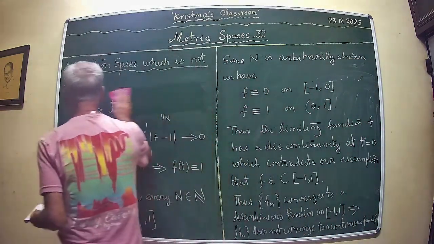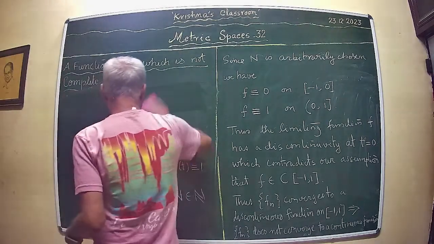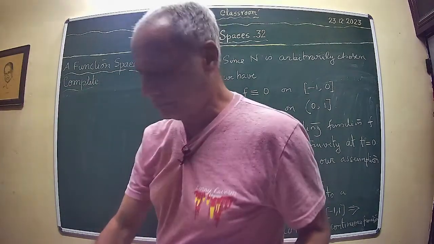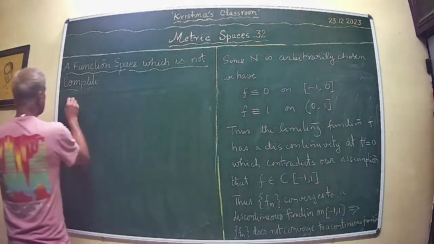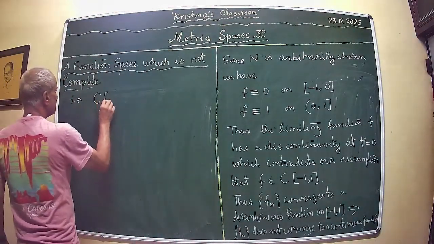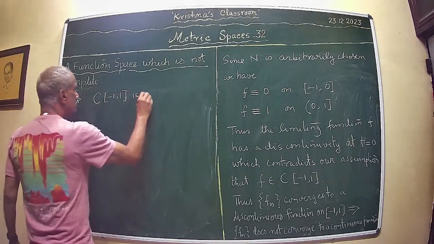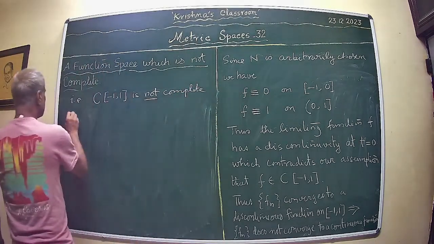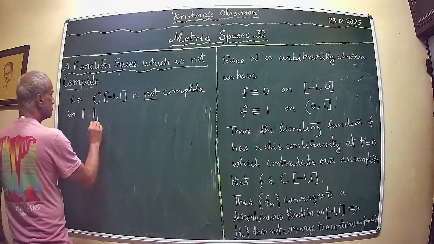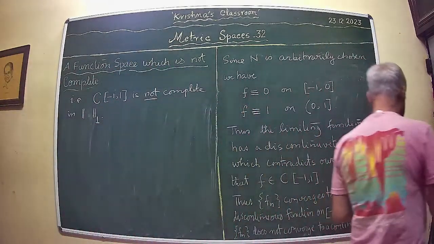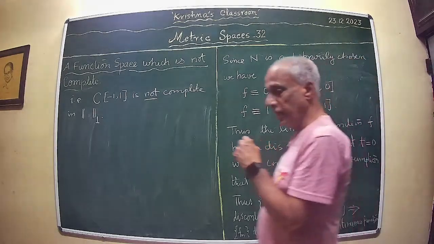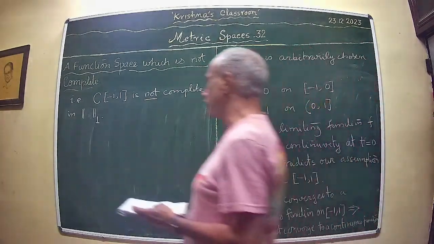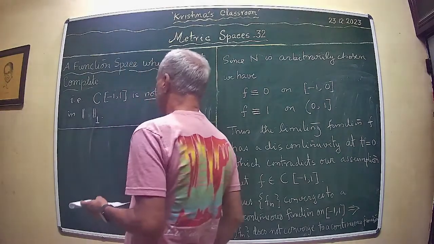That is, C minus 1 1 is not complete. So this is an example of a normed linear space which is not complete, and consequently an example of an incomplete metric space. So let us look at some other examples.